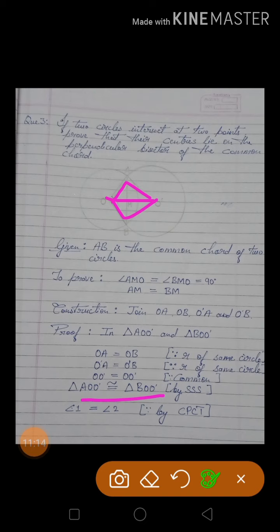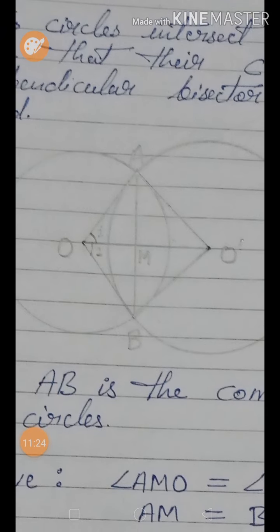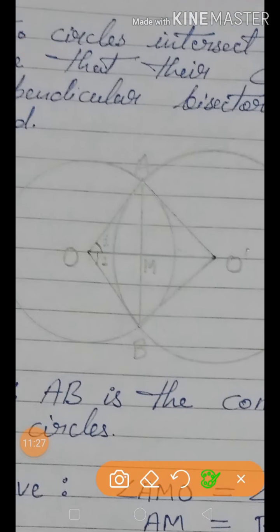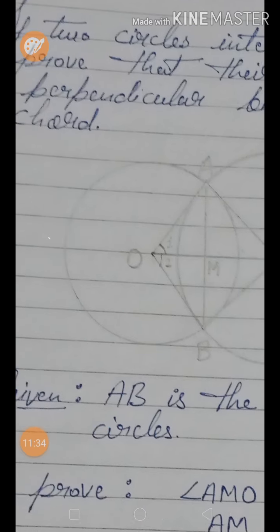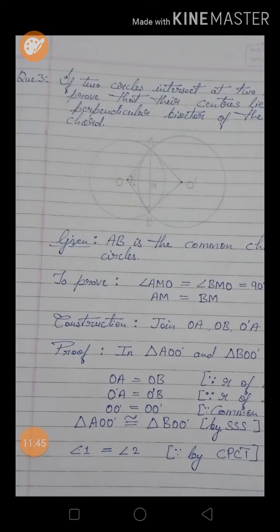Now we can also say these are the two angles I have written here: angle 1 and angle 2. These two angles are equal. Angle 1 is equal to angle 2. How are these equal? By CPCT.